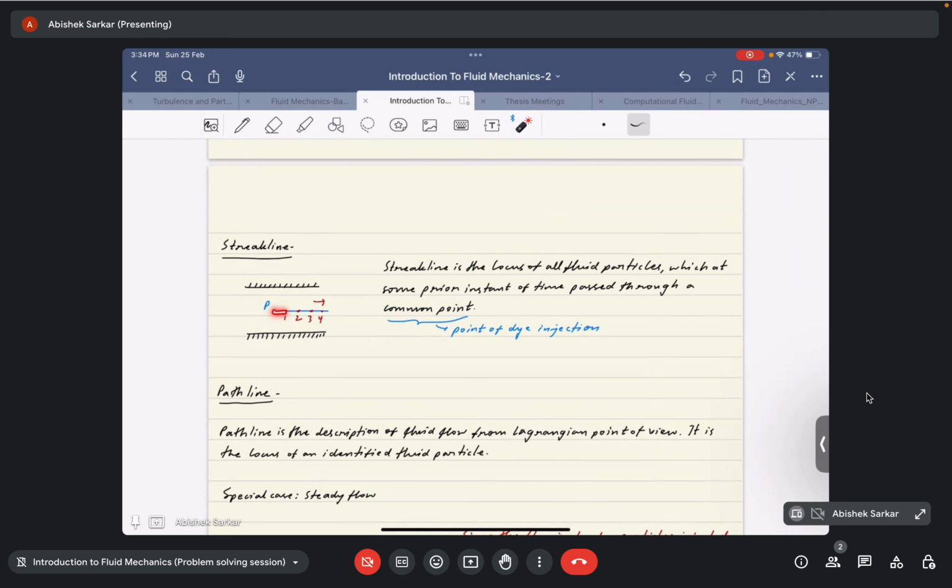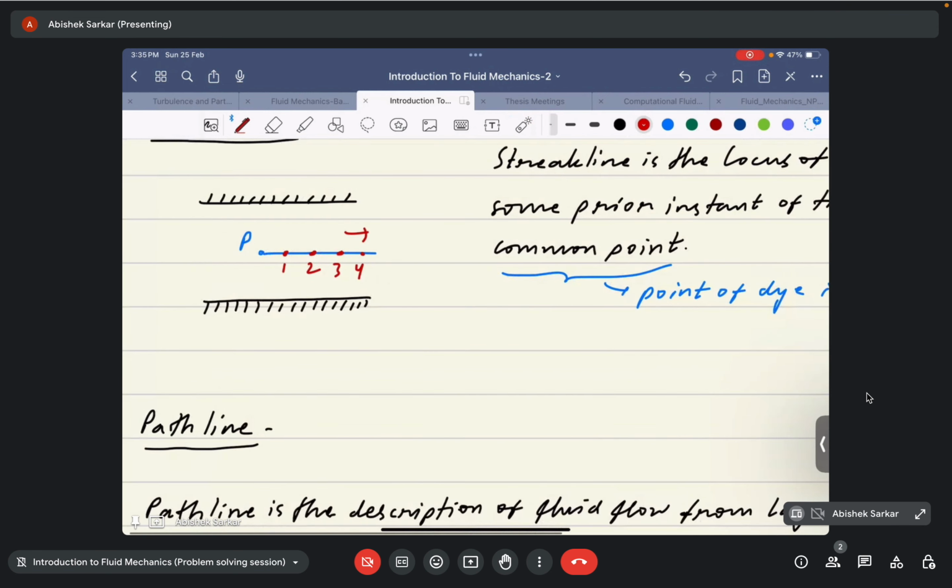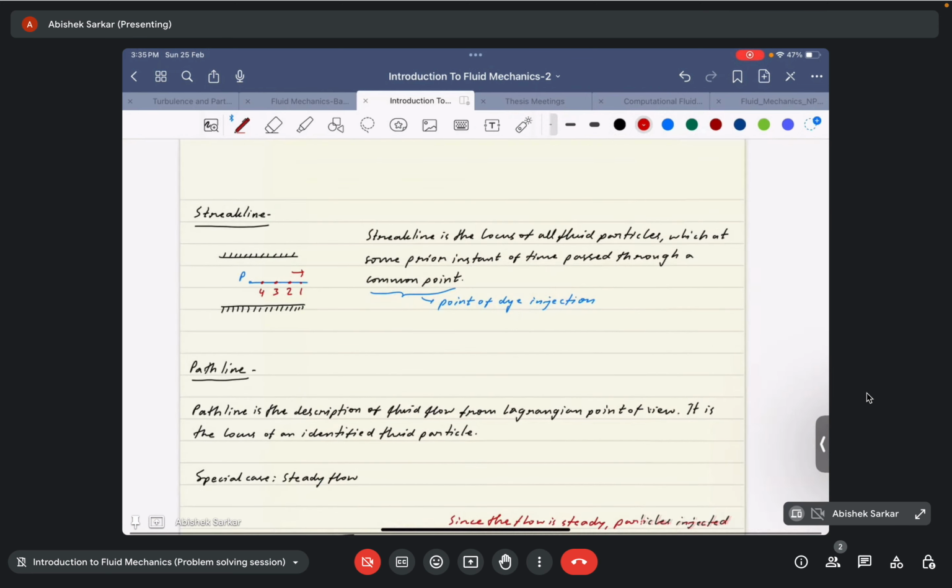Let me actually number it in a different manner so that I can make you understand. Sorry for the confusion. So let me just name it 1, 2, 3, 4. I hope it's clear now.